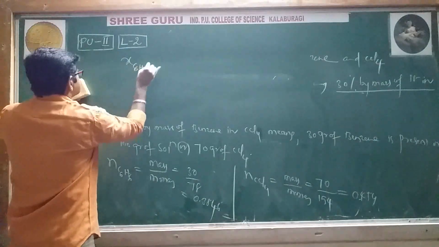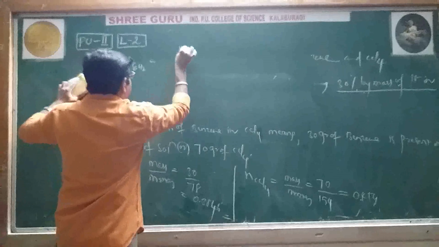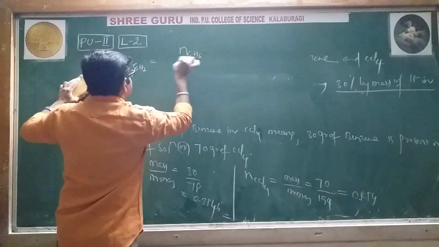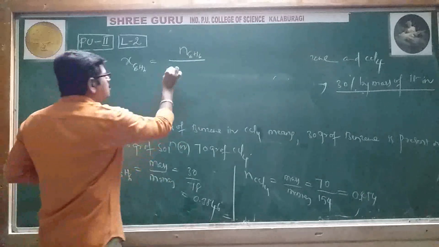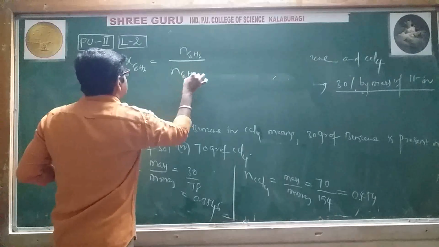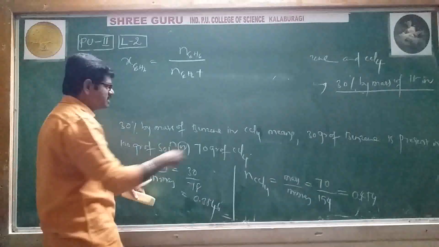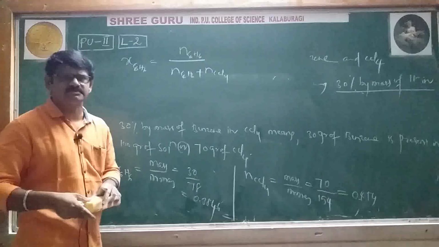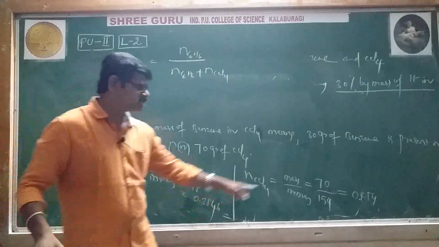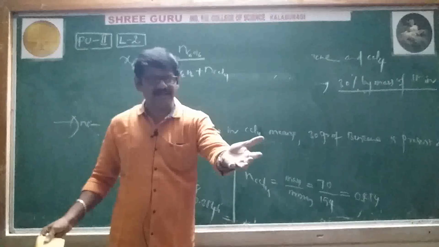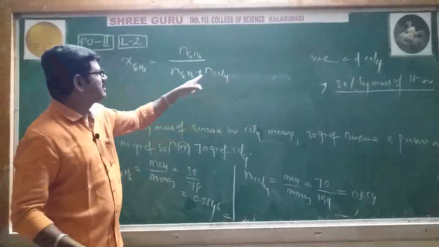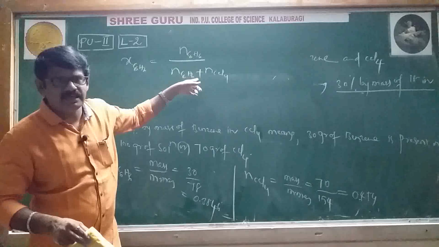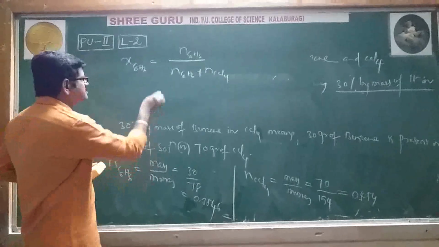Mole fraction of benzene is equal to the number of moles of benzene divided by total moles. Total moles means the number of moles of benzene and the number of moles of CCl4. Like this also we can write. Or this moles, that moles, you can add. That is the total moles. Directly that value also we can substitute. There is no difference. Right?